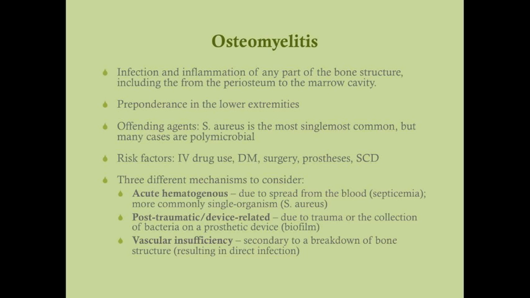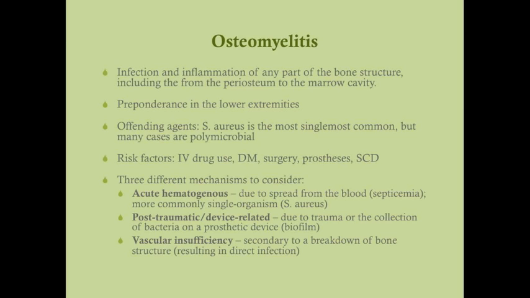There's also post-traumatic or device-related osteomyelitis, and this is due to trauma or the collection of bacteria on a prosthetic device or on the bone itself. Generally this tends to form a biofilm. And then vascular insufficiency is secondary to breakdown of bone structure, and this will result in a direct infection.